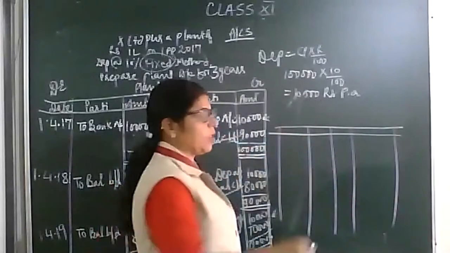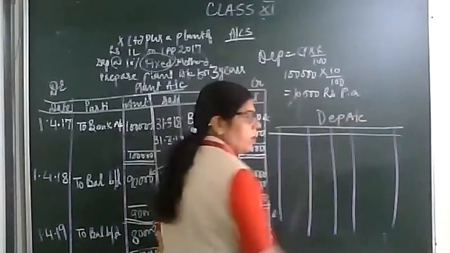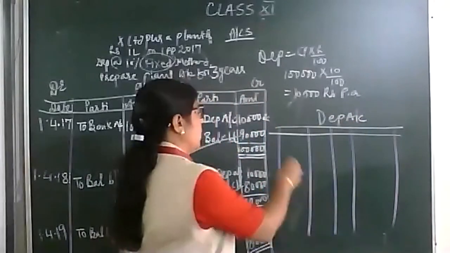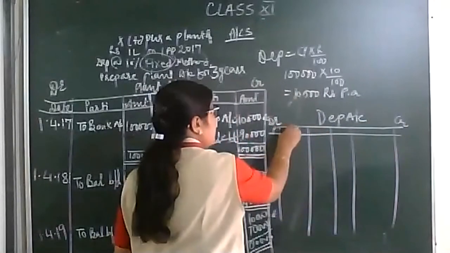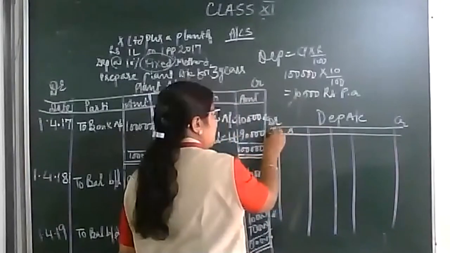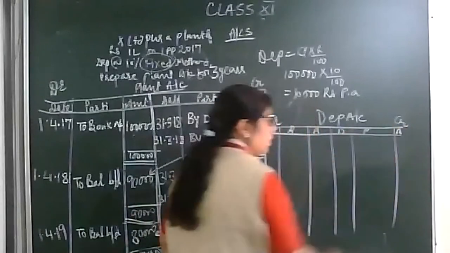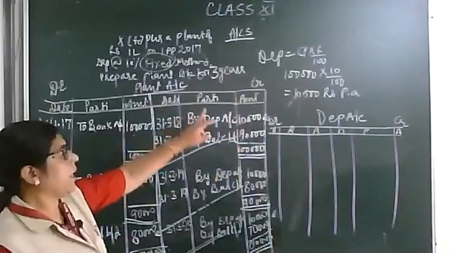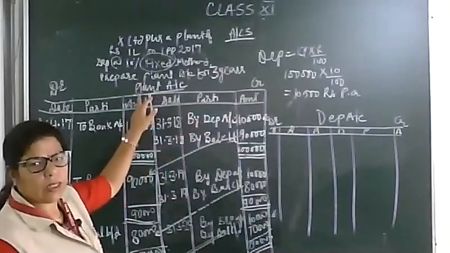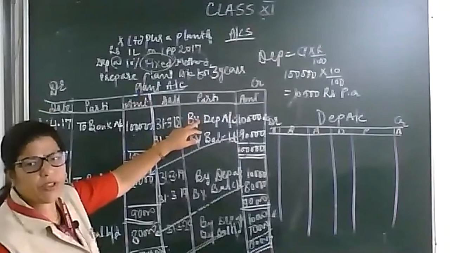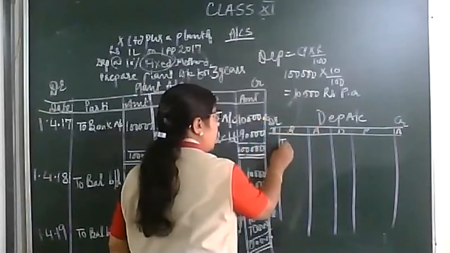Same way, this is the depreciation account. This side is debit, this side is credit. Particular, amount, date, particular, amount. See how to do it. By depreciation, in the plant account. So in the depreciation account, that will be the plant account.